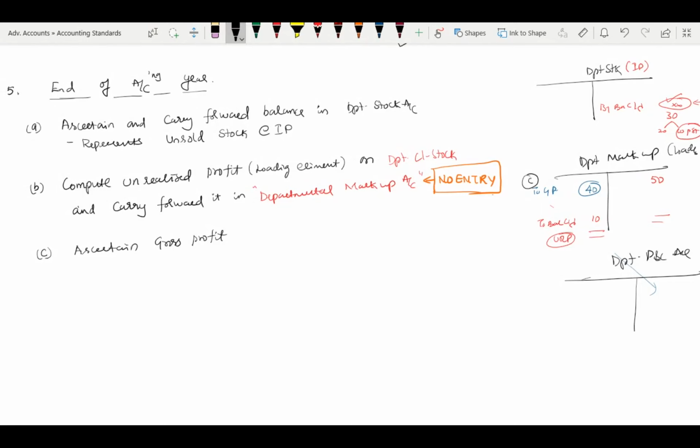Next, ascertain and carry forward the balancing figure in the departmental markup account and transfer it to the departmental P&L account.